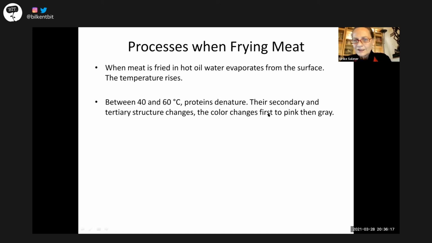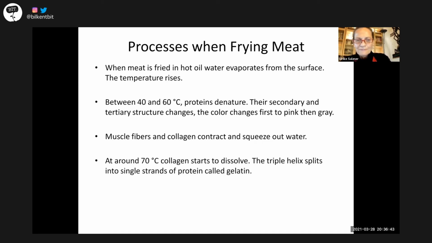The color changes and the meat turns from pink to gray. The muscle fibers start contracting and they squeeze out the water. Collagen as well. As you squeeze out water, of course it gets drier, and on the surface water evaporates. That helps also, but also inside, as it gets warmer, water gets squeezed out like when you squeeze a sponge.